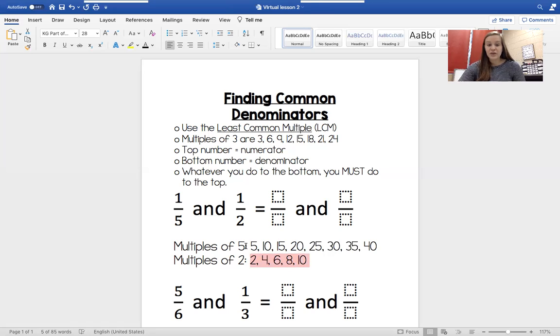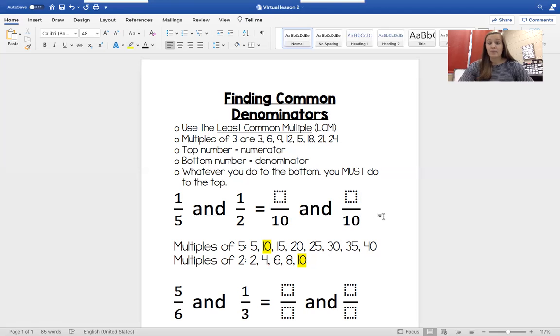I don't see 2, I don't see 4, I don't see 6, I don't see 8, but I do see 10. So we have found the least common multiple, correct? That is the multiple of both numbers that they have in common, and it's the smallest multiple that they have in common. So our common denominator is going to be 10 for both fractions.